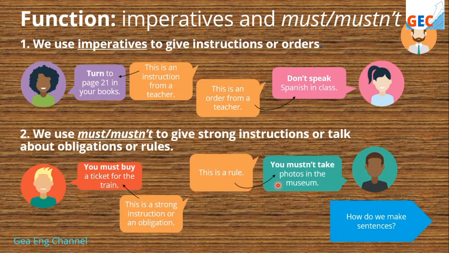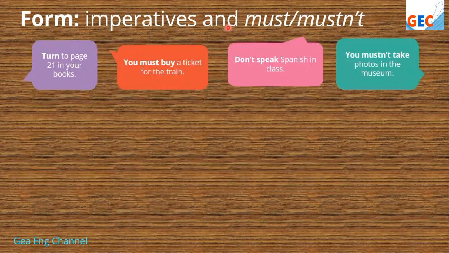Now let's continue by learning how we make sentences using imperatives and must, mustn't. To form imperatives and must, mustn't, as you see from the previous examples: turn to page 21 in your books. You must buy a ticket for the train.